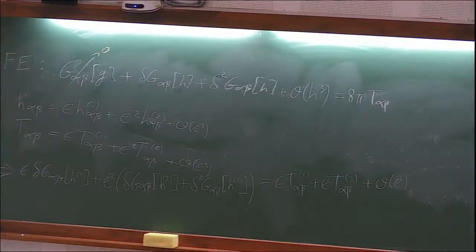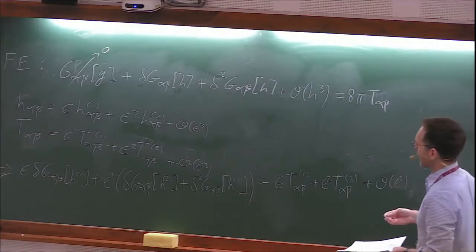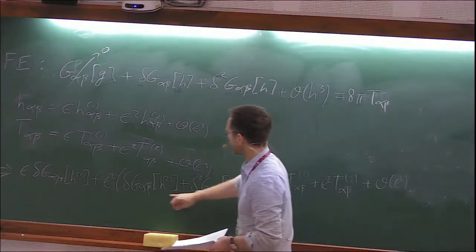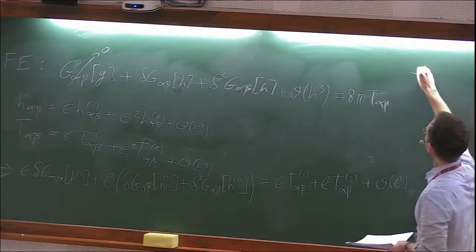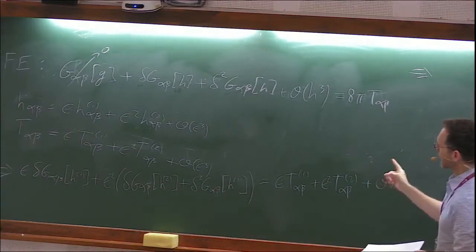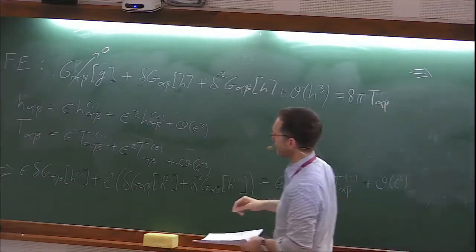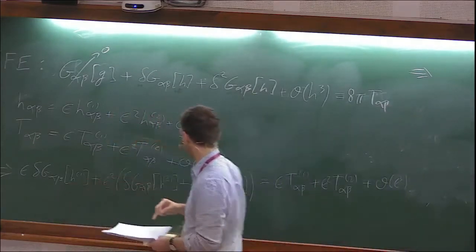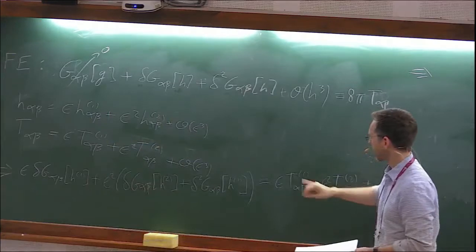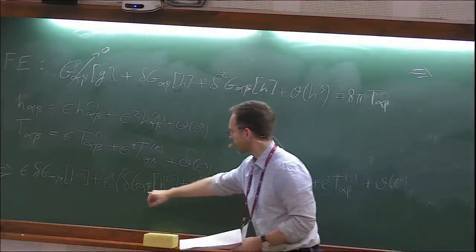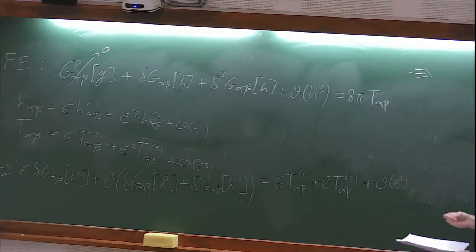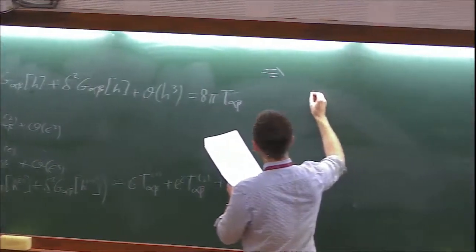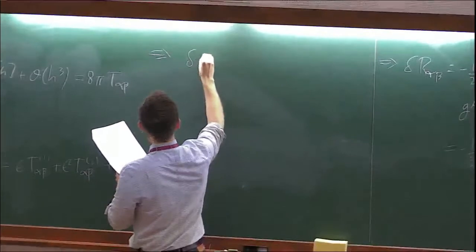Okay, so here I'm working with strict Taylor series, power series in epsilon. That means all the coefficients here are independent of epsilon, and that means that I can equate powers of epsilon on the left-hand side and right-hand side. So delta G alpha beta of H1 has to equal T alpha beta 1, and this combination of second-order terms has to equal T2 alpha beta. So then we get a sequence of equations.